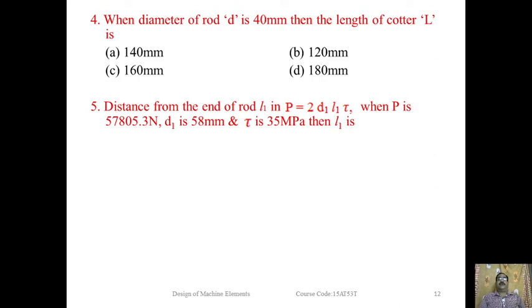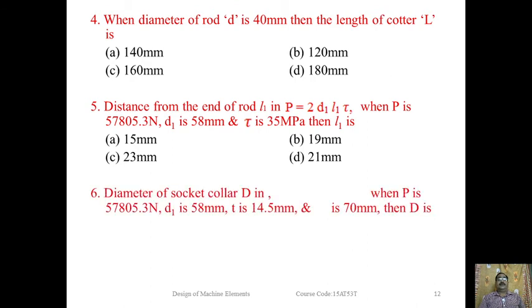Again, when we substitute the values, we get the value of L1 as 15 mm. In the options, A is 15 mm, B is 19 mm, C is 23 mm, and D is 21 mm. So the value of L1 is 15 mm, which is option A.